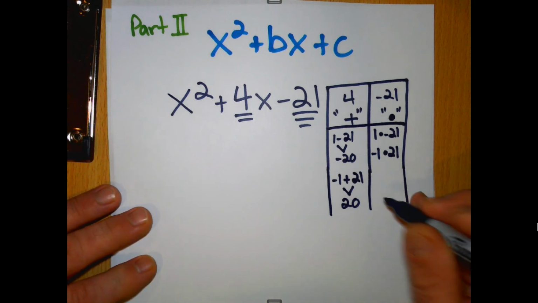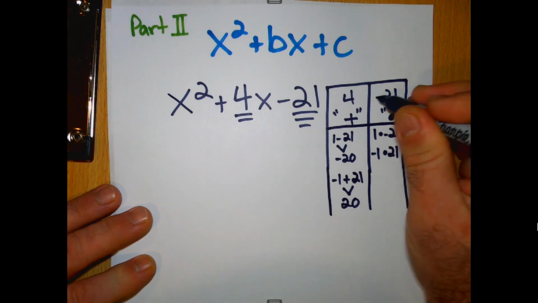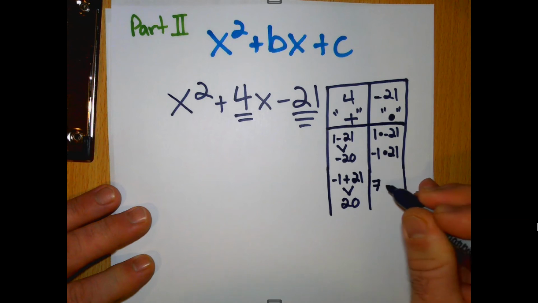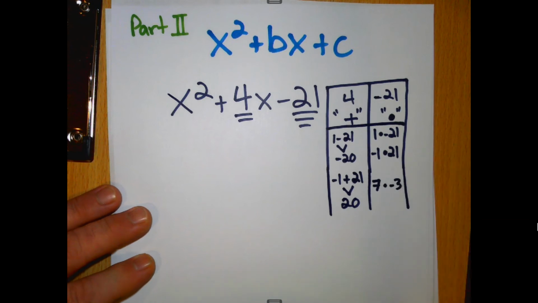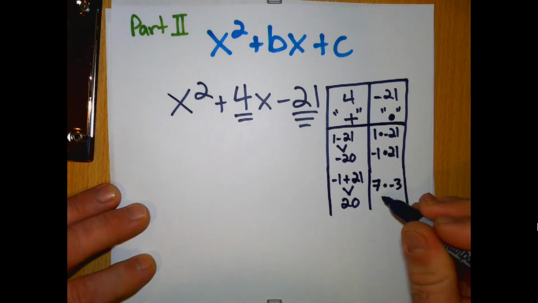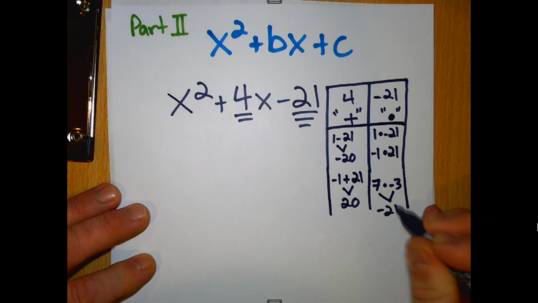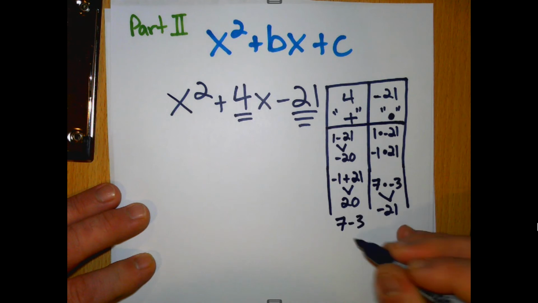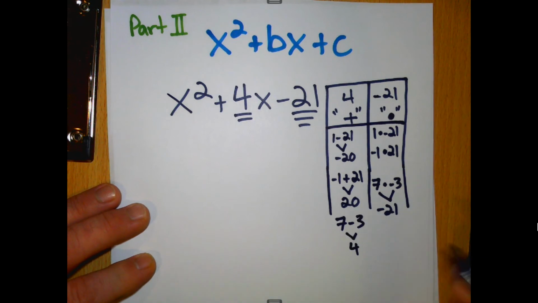Then there's 7 times 3. Well, not 7 times 3, because remember it's a negative 21, so it'd have to be 7 times negative 3. Okay, so 7 times negative 3 does equal negative 21, and 7 minus 3 equals 4. So we do have our winner.